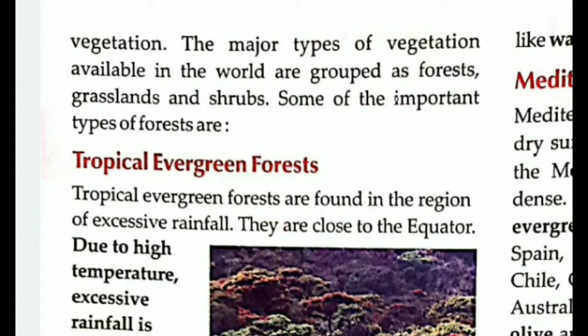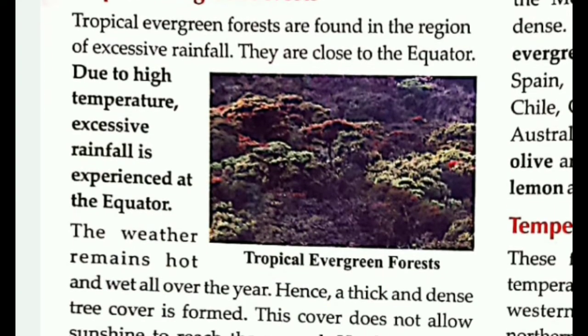It has a high temperature and excessive rainfall, which keeps it hot and wet all over the year. Here the most important trees are cinchona, rubber, ebony, rosewood, and they are commonly found in this area.